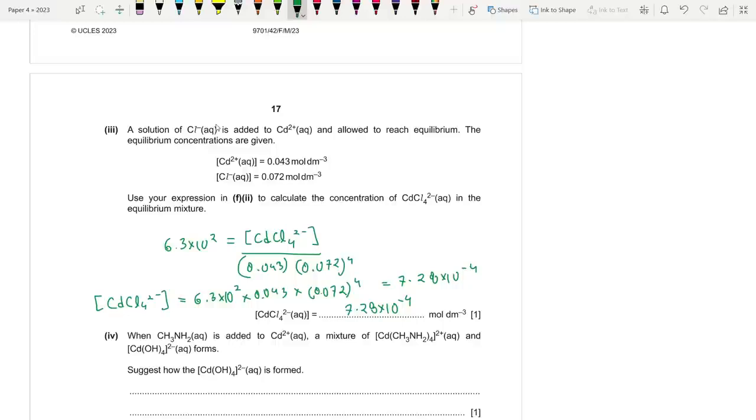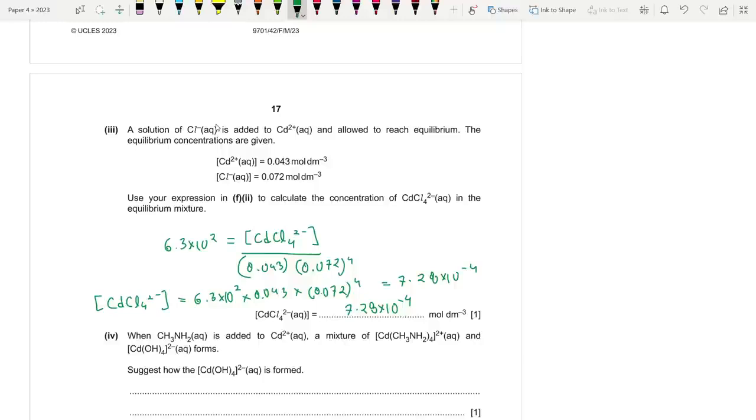It helps a lot. When CH3NH2 is added to Cd2+, a mixture of a tetrahedral or square planar complex and [Cd(OH)4]2- forms. Suggest how the [Cd(OH)4]2- aqueous ion is formed. Basically, guys, it's kind of like a ligand exchange reaction.